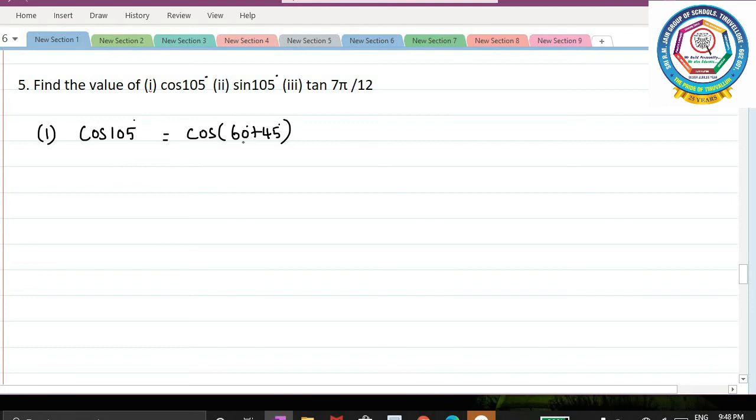Now it is in the form of cos A plus B formula. We know that cos of A plus B equal to cos A into cos B minus sin A into sin B. So here instead of A place is 60, B place is 45.